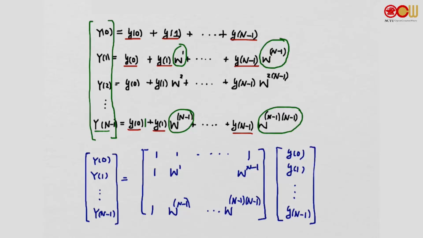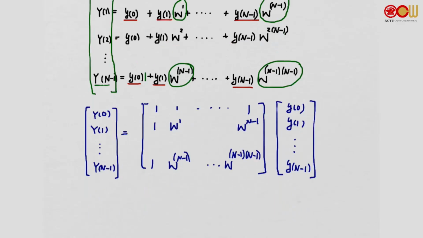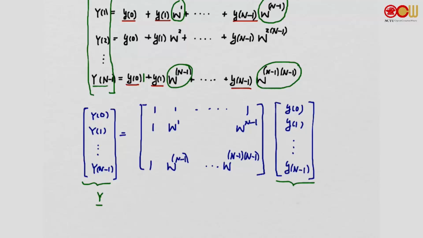Now we have a system of n equations written in the form of a matrix vector product. We call this vector big Y, and this vector small y, and we put an underbar to indicate that this is a vector. This is an n by 1 vector, and this is also an n by 1 vector.